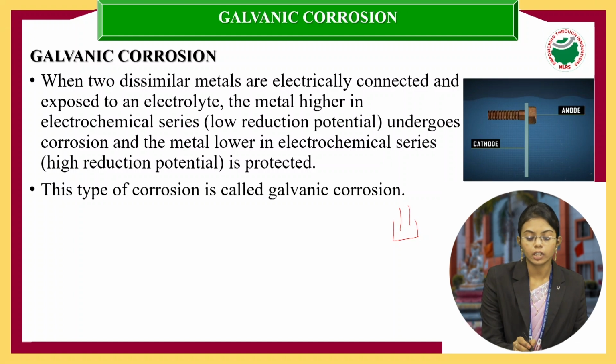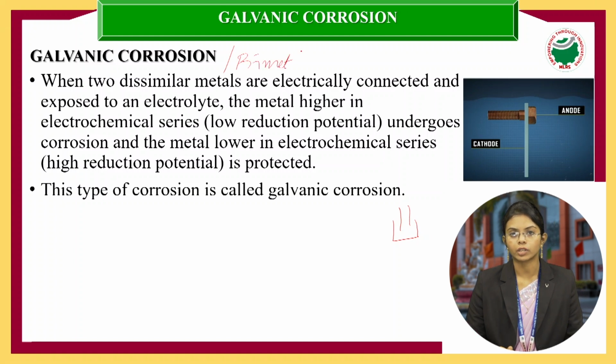This galvanic corrosion, we also call it bimetallic corrosion, because we are using here two different types of metals, and we also call it differential metal corrosion. We call it bimetallic corrosion because we are using two different types of metals in a galvanic cell or an electrochemical cell.